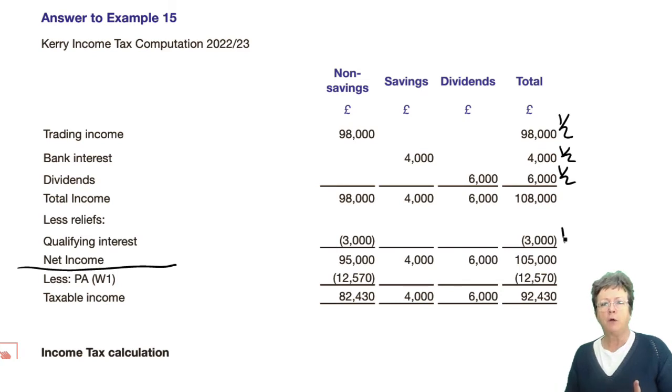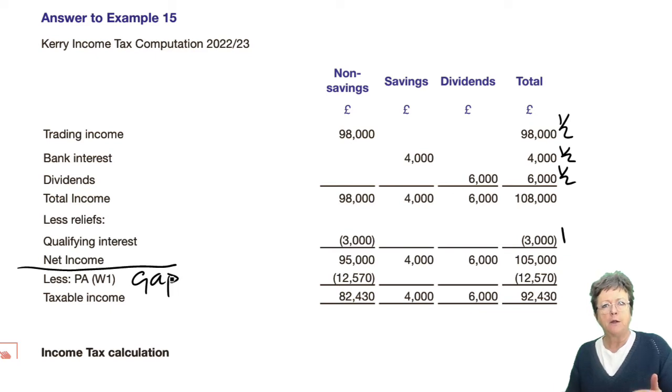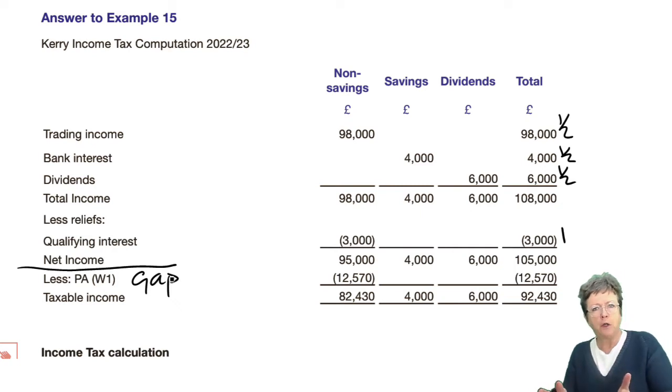That's 2.5 marks, and all you've done is copy the question into the answer. But you've set the pro forma up. You would then leave a gap here. You know that that's got to be deducted from there. But then go away and do the working to see what the figure is that you need to put into there. Set it up. Get the labels right. Get used to getting the pro formas down the side, all the columns across. And when you've done that, you'll get more marks that way.